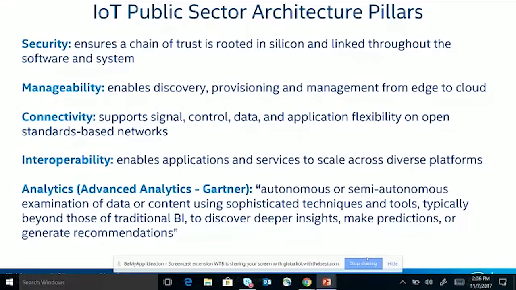The next pillar is around connectivity. Connectivity supports how we basically glue all of these pieces together. And what's unique about connectivity, especially in Internet of Things, is there are new ones that seem to be coming forward. We used to think of connectivity in terms of 3G, and now we're moving to 5G.